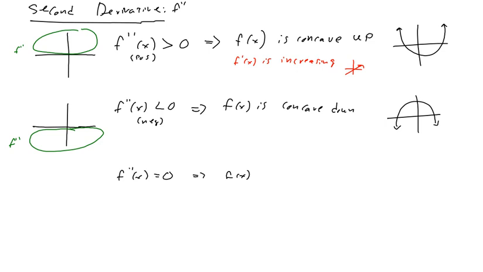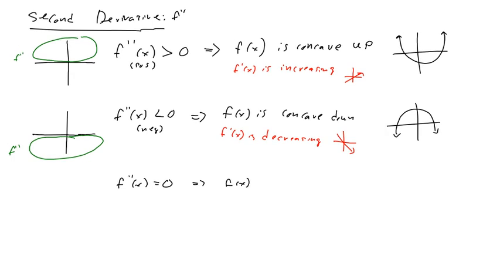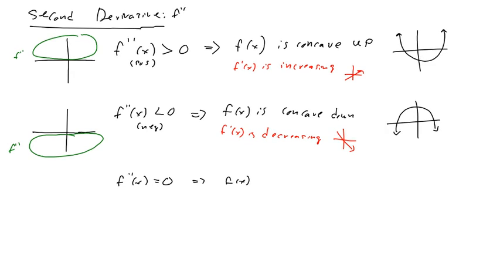And here also f prime of x is decreasing. So we have all this information about graphs, right? F prime would be decreasing. All this information about the graphs from these derivatives. Visual information telling us about the curving of the graphs, the curvature of the graphs, concavity of the graphs.